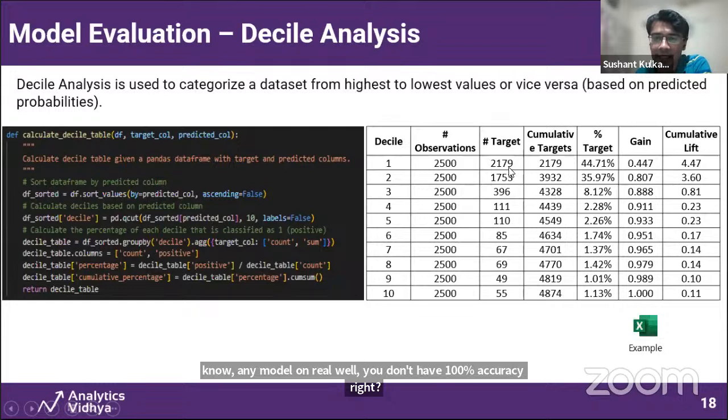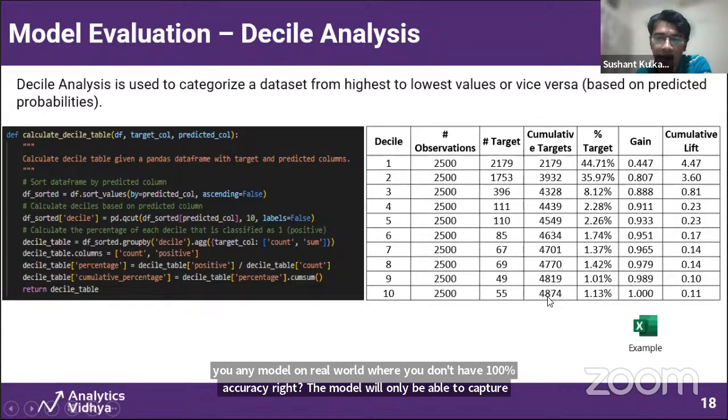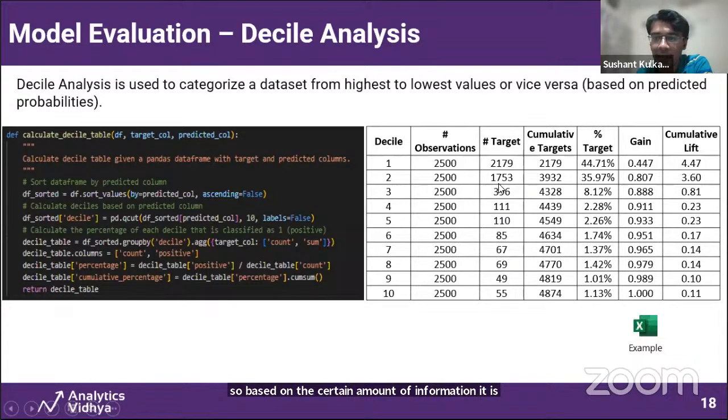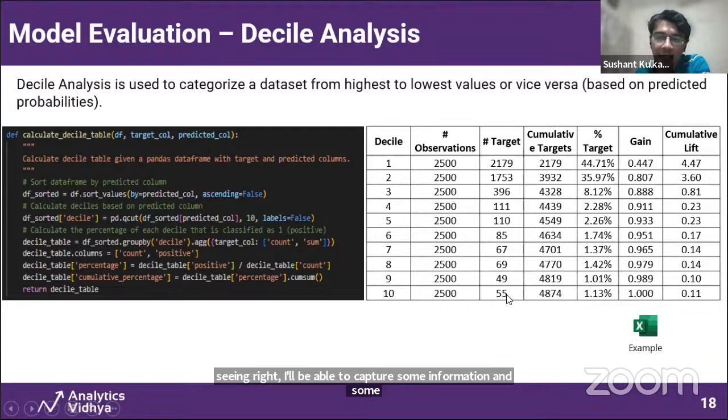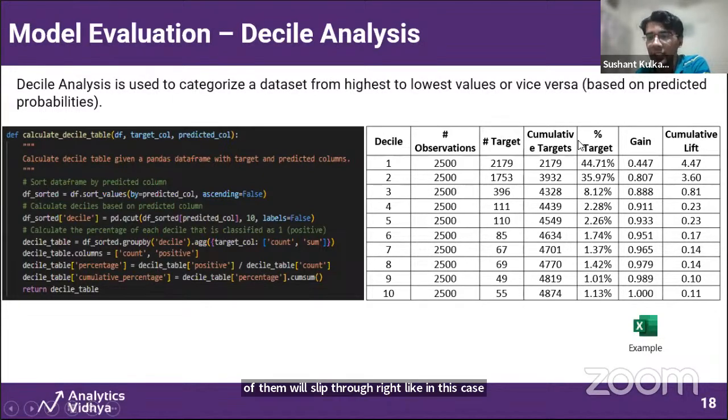Like in this case, out of all the 4,800 targets that were there, the first set of 2,500 only had 2179, and it goes on, and there are around 55 cases of ones which trickle down, where you are giving the least probability. The model is not able to capture them at all, so they are slipping through. That reflects in your target percentage captured, right?